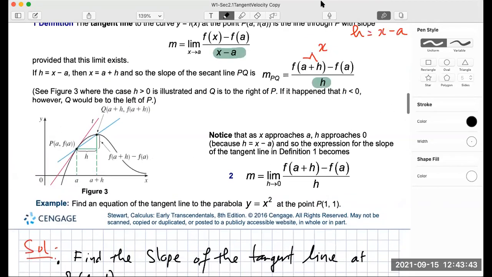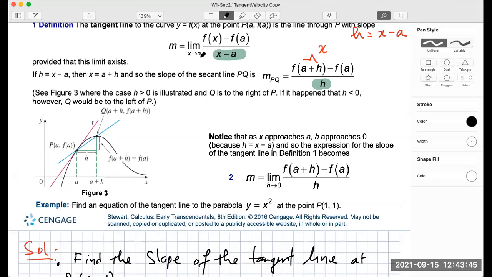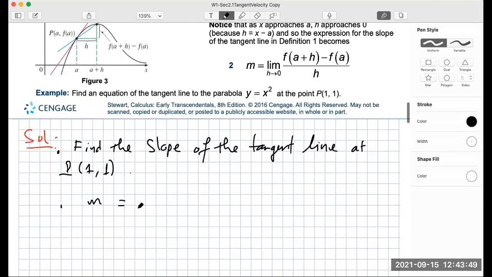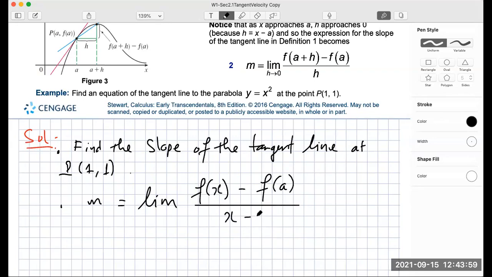According to the definition here, the slope will be m equals the limit of f of x minus f of a over x minus a when x approaches a, right?